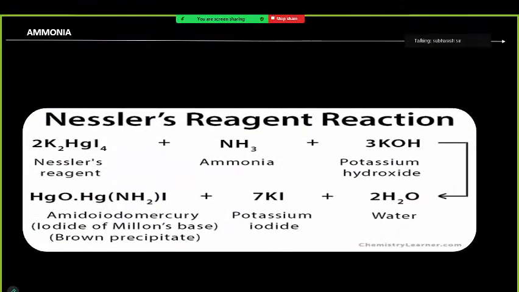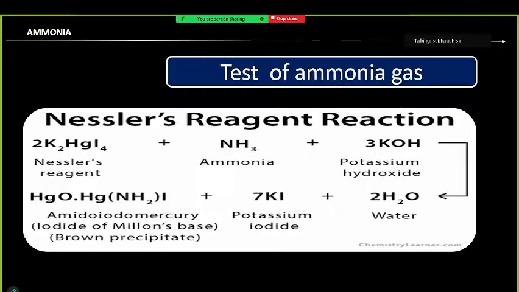Nessler's reagent is another important reagent that can be used to identify ammonia gas, because when Nessler's reagent reacts with ammonia, it gives a deep brown precipitate. So this is another reaction to identify ammonia gas.